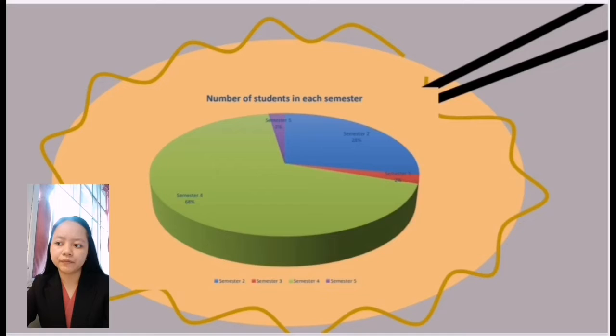Respondents from semester 4 have the majority of the overall percentage at 68%, which consists of 21 respondents. Respondents from semester 5 consist of 1 respondent who contributes 2.3% of the overall percentage, and respondents for semester 6 consist of 1 respondent who also contributes 2.3% of the overall percentage.